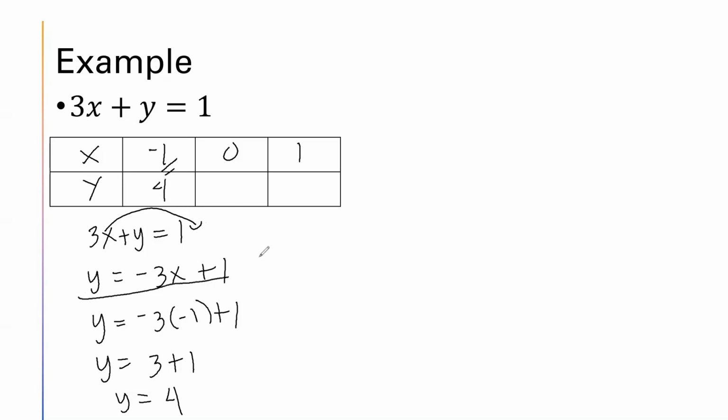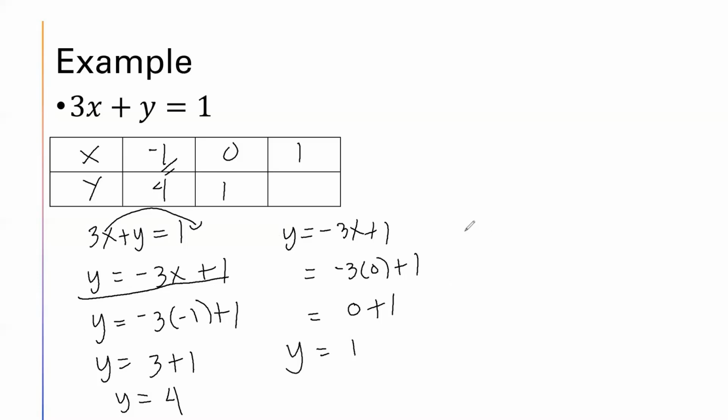So let's use this function. Y is equal to negative 3x plus 1. If our x is 0, so we have negative 3 times 0 plus 1. Negative 3 times 0 is 0 plus 1. 0 plus 1 is 1. So when your x is 0, your y is 1.